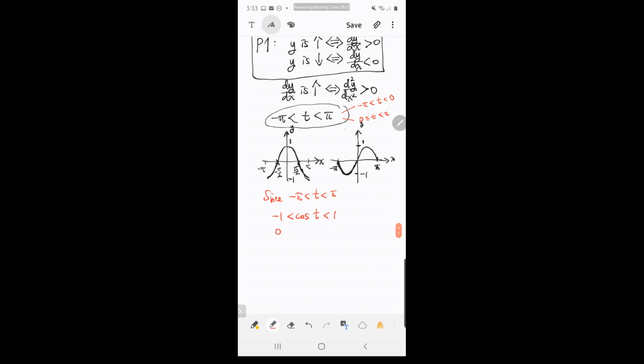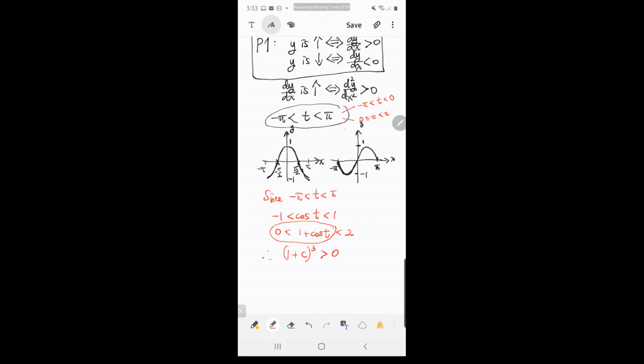So you get 0, then 1 plus cos t, then 2. And from this part, you already can see that 1 plus cos t is greater than 0. So therefore, you can conclude 1 plus cos t, in the bracket cubed, is definitely more than 0. This is what you want.